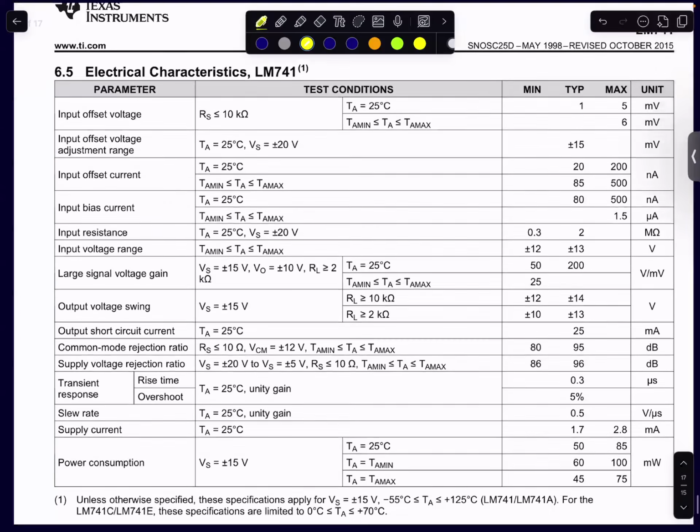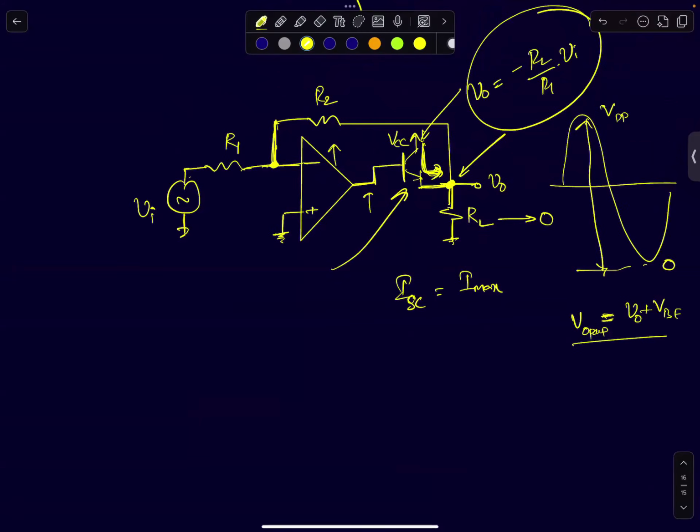So now we are done with most of the specifications for an op amp. Generally this is a very dry part, but I tried to take examples to make it exciting. The more exciting part is how you build interesting circuits using this. But even though it's a dry part, it's very useful, because you will be able to build high performance circuits only if you understand all the specifications. What are specifications?